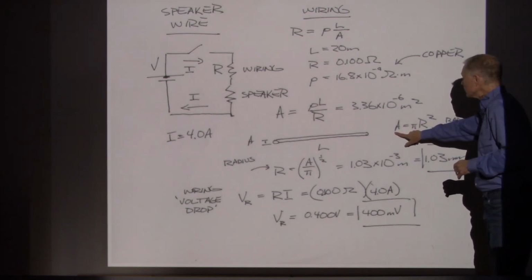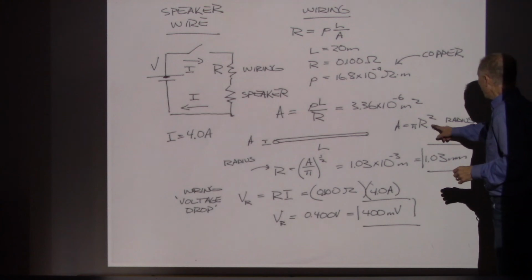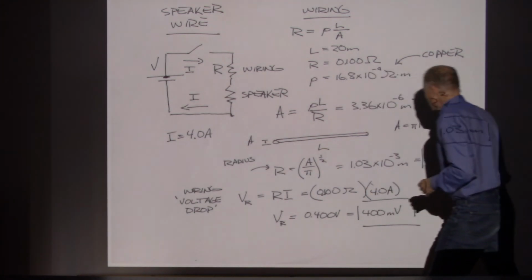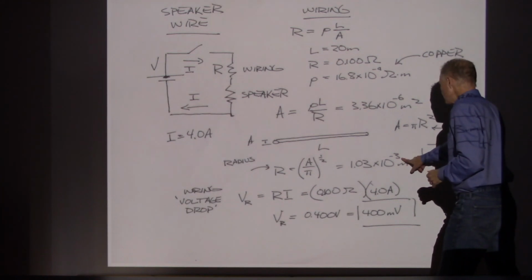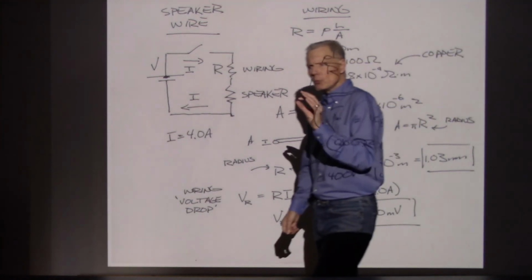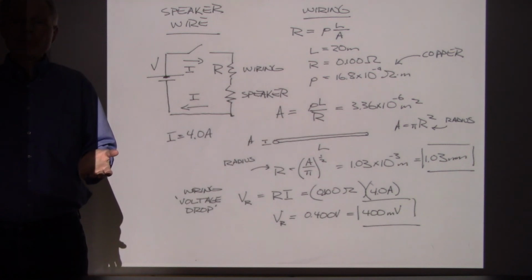And then for the area, let's say that the copper wire has a circular cross-section, I can solve for r. So r will be the square root of area over pi, and that gives me 1.03 times 10 to the minus 3. That looks like about a millimeter of radius, so about 2 millimeters of diameter. That's not bad.